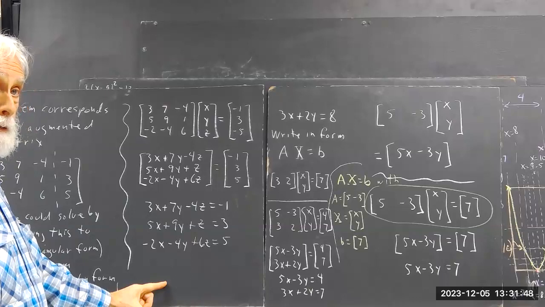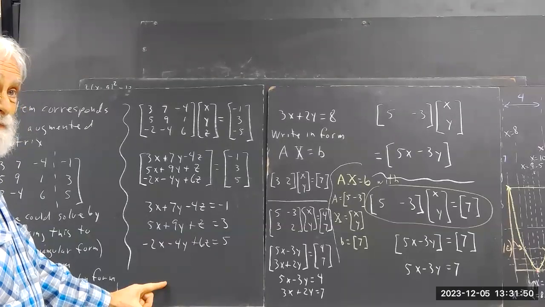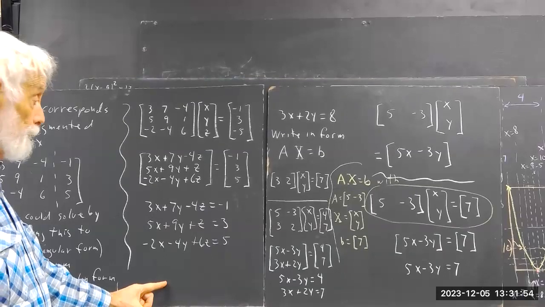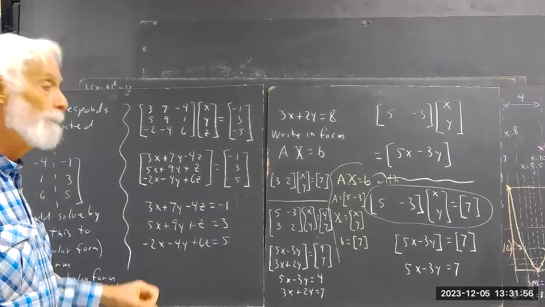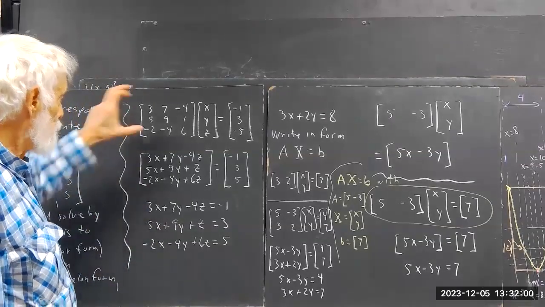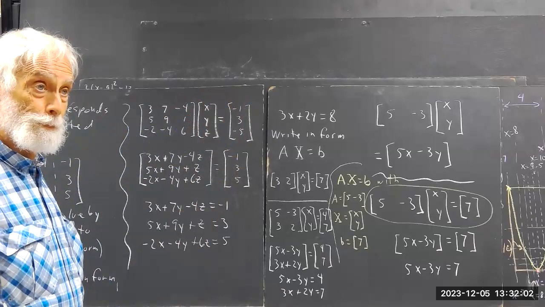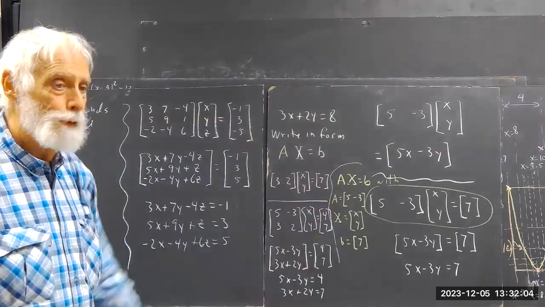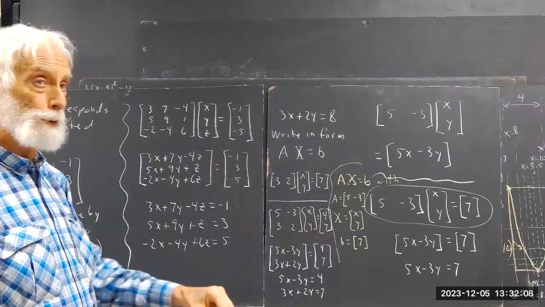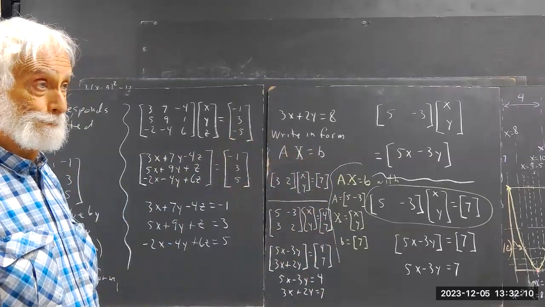Now that can also be very handy if you're using Desmos or Wolfram Alpha or something to solve a matrix equation, to solve a system of equations. It's very easy to translate the system into a matrix equation. And then put that matrix equation into the computer, press a button and there's your solution.